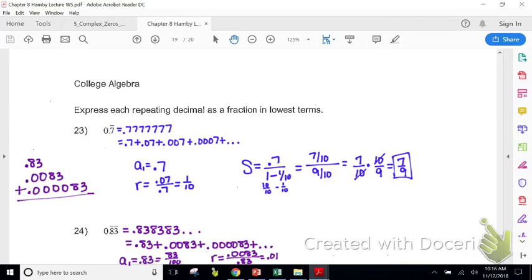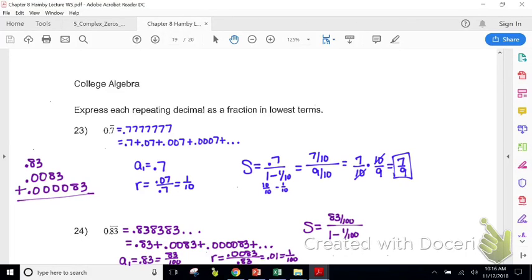So I'm going to set it up using my formula. The sum: I've got my first term, 83 over 100, over 1 minus 1 over 100.